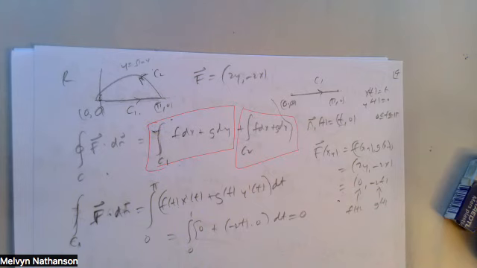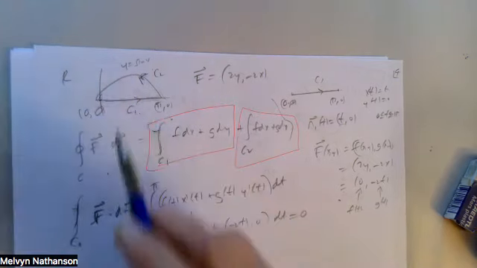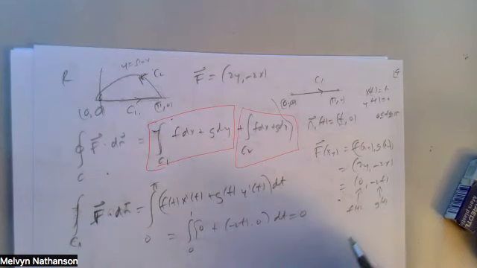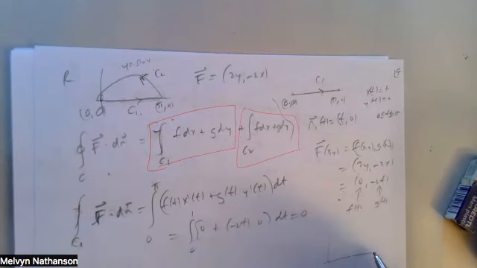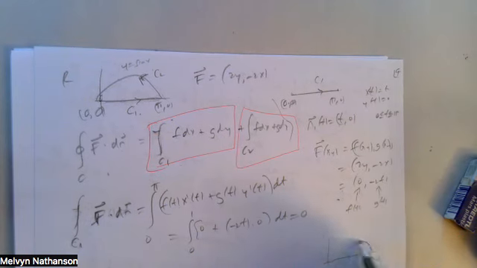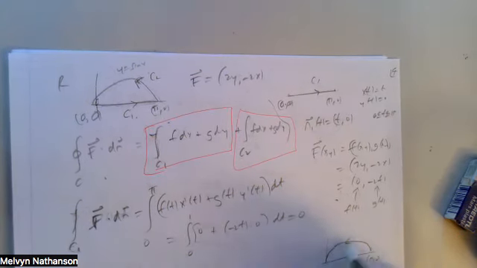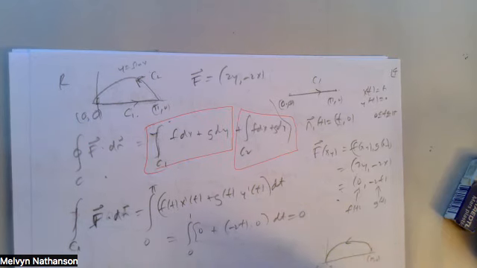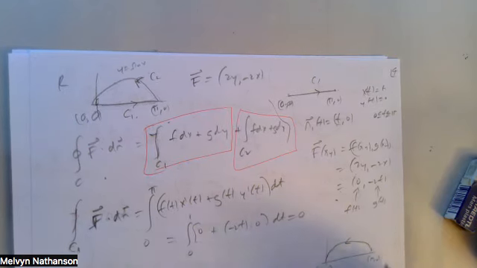Okay. What about along the curve C2? That's a little trickier. I have the curve that starts at pi, 0, comes around like this and ends up at 0, 0. And this is y equals sine of x. So I could say that r2 of t is going to go from pi to 0.